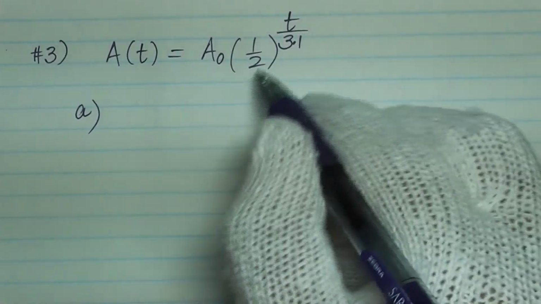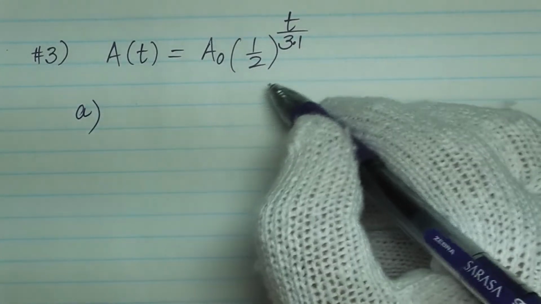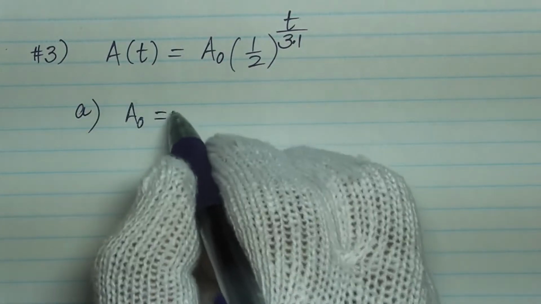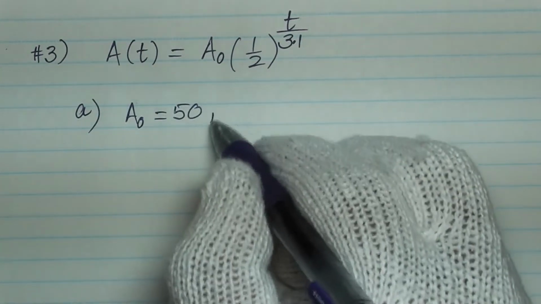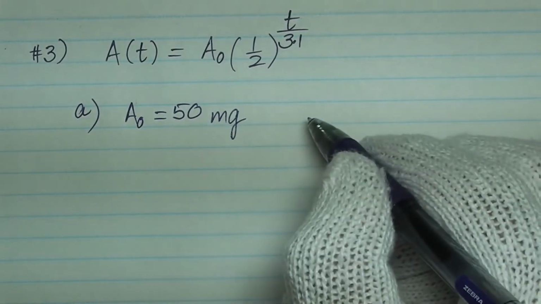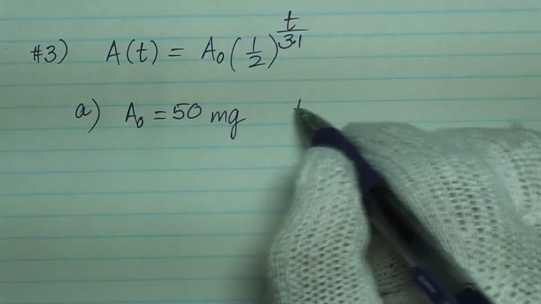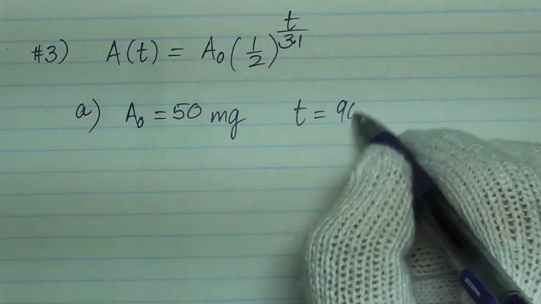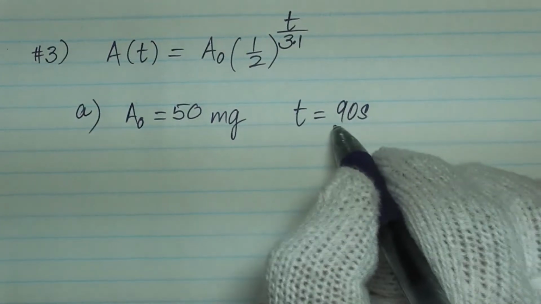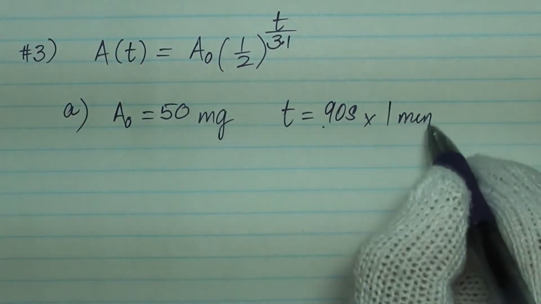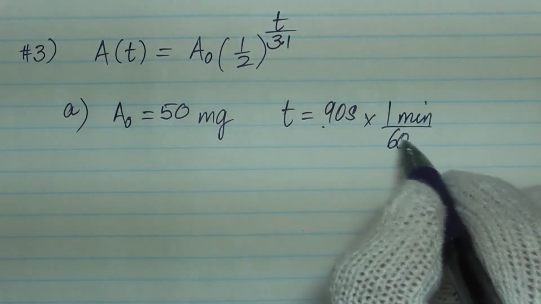So they want us to know how much of this is going to be left after 90 seconds. They tell us our initial sample size is 50 milligrams, and we know that t is in minutes. So if t is equal to 90 seconds, we need it in minutes, and 1 minute is 60 seconds.